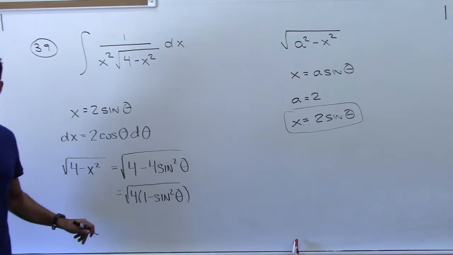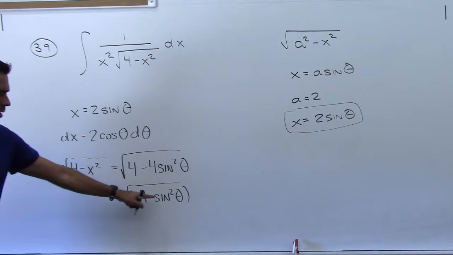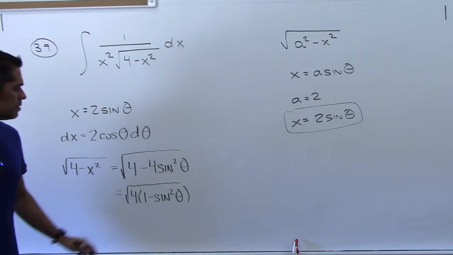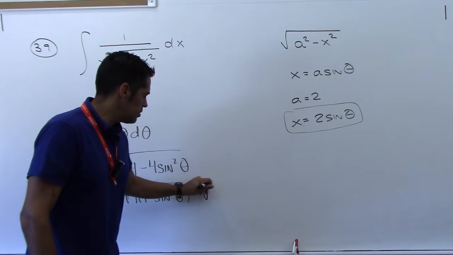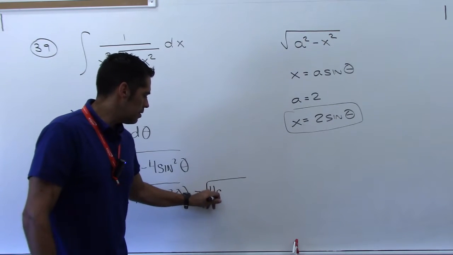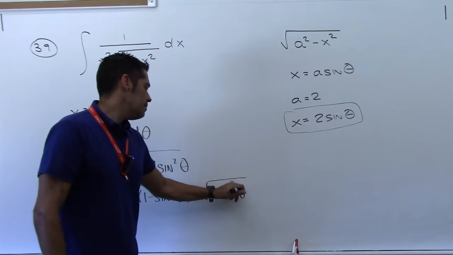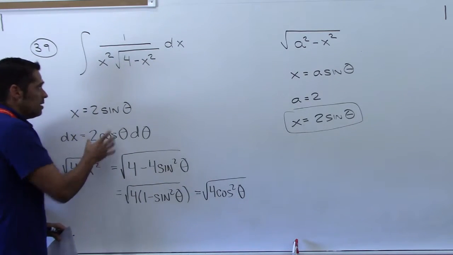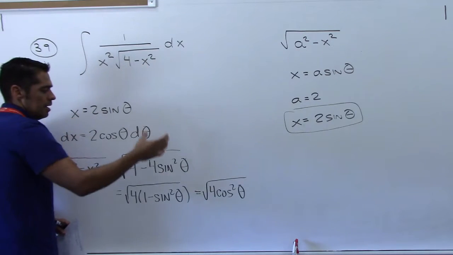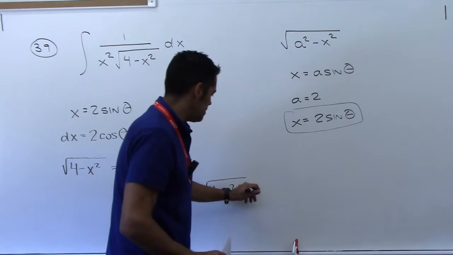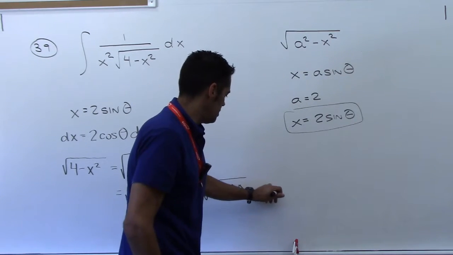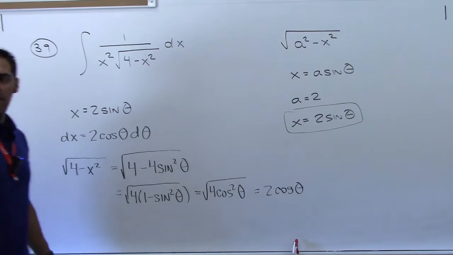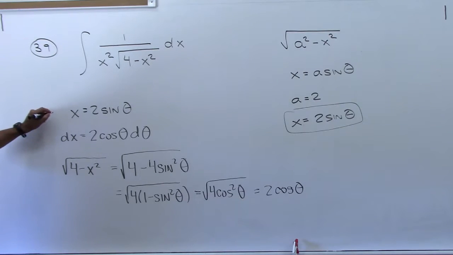Okay with that, Zach? And then what is this? Cosine squared theta. So this is equal to the square root of 4 cosine squared theta. And that's what makes the trig substitution so good, because you wind up at the end taking that complicated expression and rewriting it as a pretty simple trig expression. Right? 2 cosine theta.